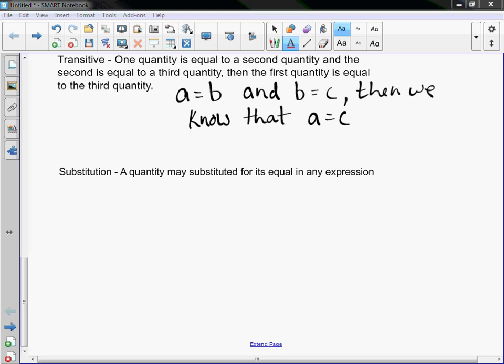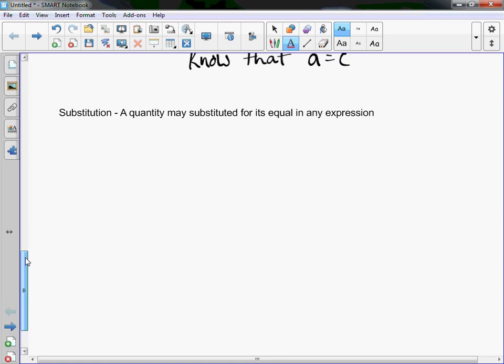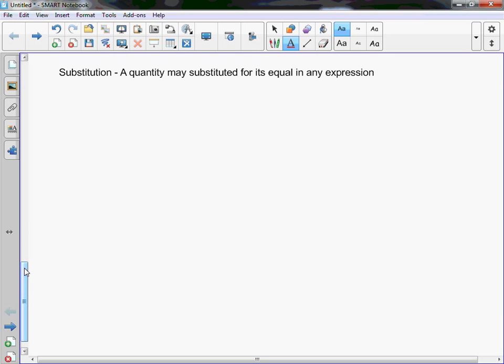And the last one, substitution, is pretty nice as well. This one says that you can take any two quantities that are equal and put one in for the other in an expression.